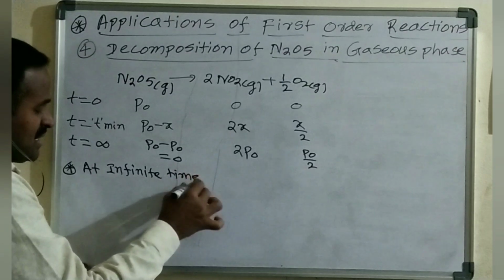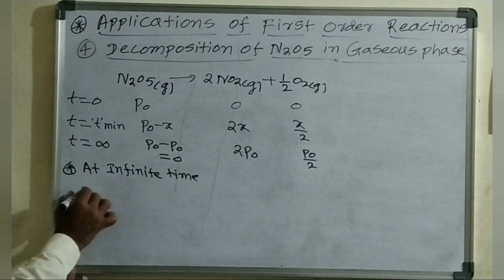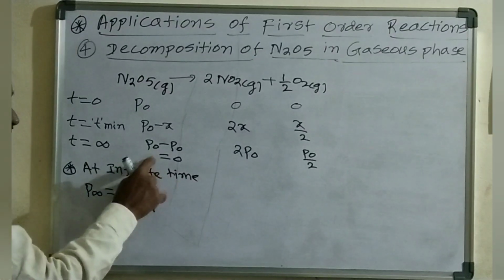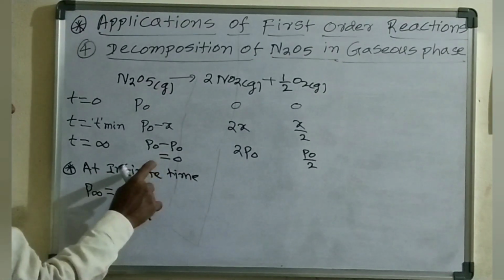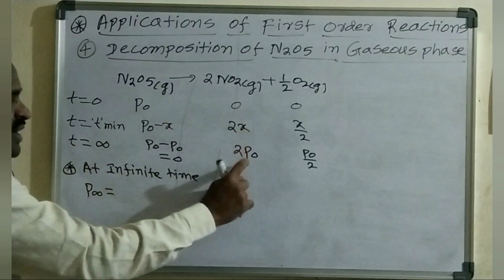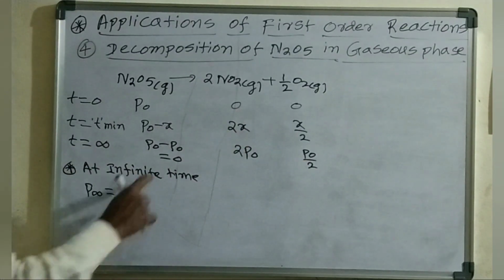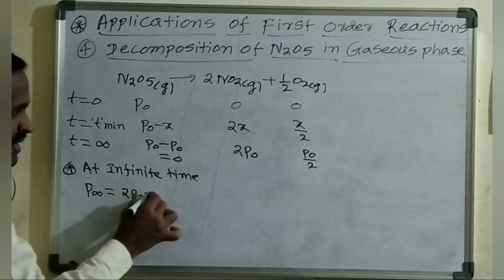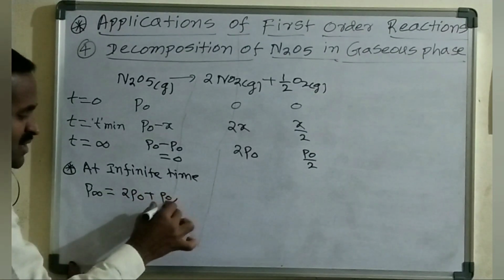So I can write the total pressure as P infinity. This P infinity is nothing but the sum of the partial pressures of N2O5, NO2 as well as O2. This is 0 plus 2P naught plus P naught by 2.